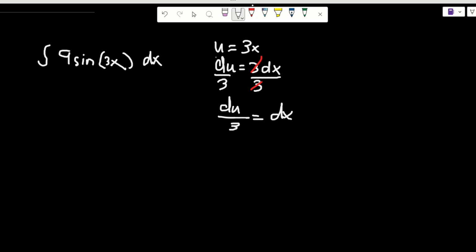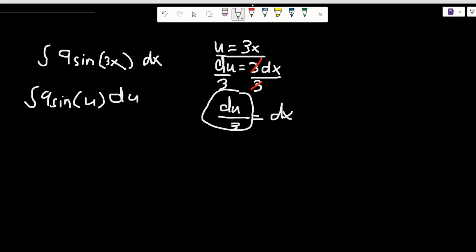Now we replace these values. It becomes 9 sine u times du over 3. We can divide this 9 by this 3, and 9 divided by 3 is just 3.